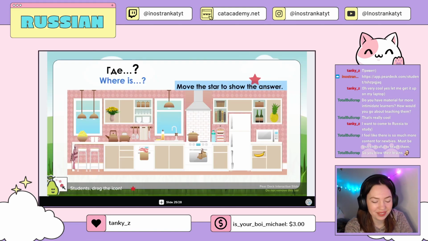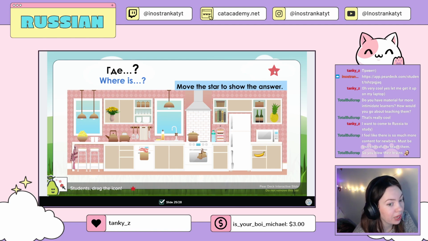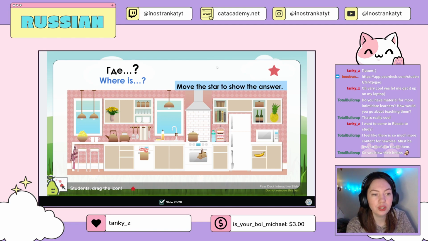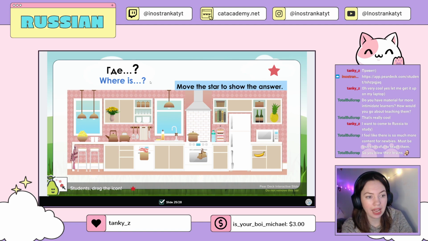So now we're going to play a little game and see how well we remember the names of the words that we just practiced. So we're going to hear the phrase где. That means where is. Where is a banana?